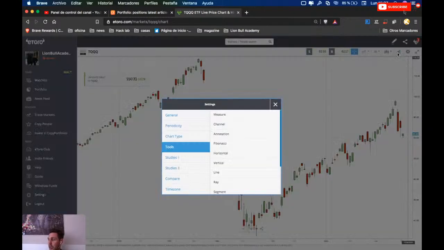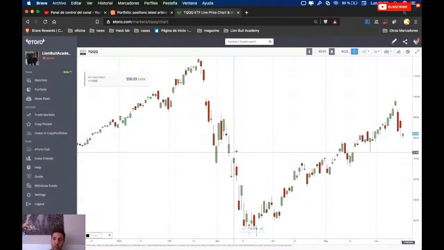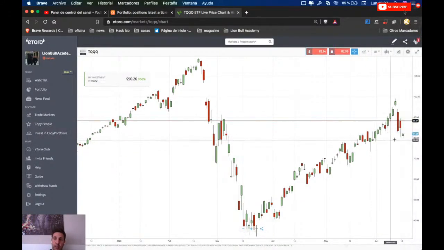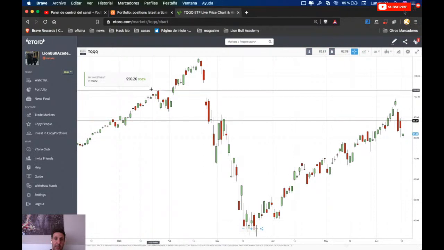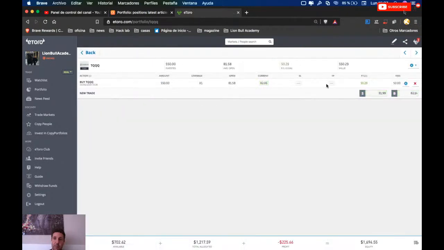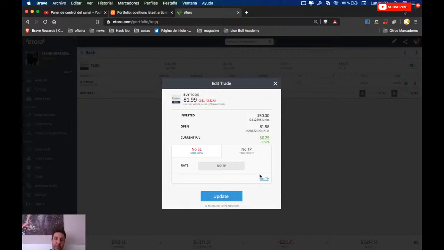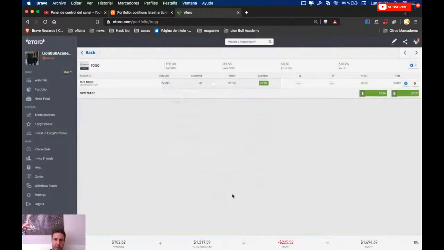So the same, we just click horizontal, prepare it as a target, and if we want, we can go directly now to this operation and put the take profit in 83 point, I think it was 0.20, and update. That's one possibility that we can do, okay?